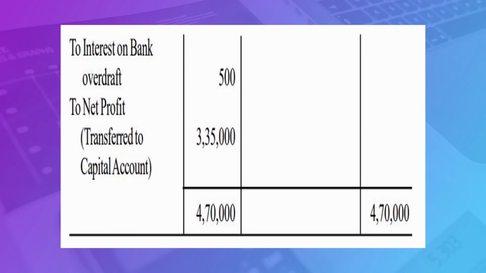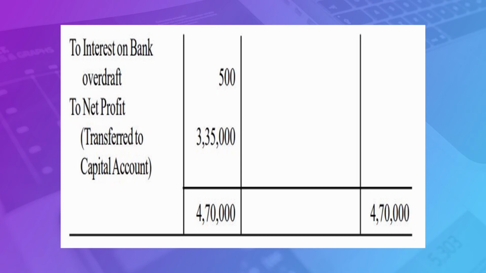To depreciation 50,000. So, this is the amount of depreciation which is given in the trial balance 50,000. Then to interest on bank overdraft. So, interest on bank overdraft is an expense for the business or it is a loss for the business.